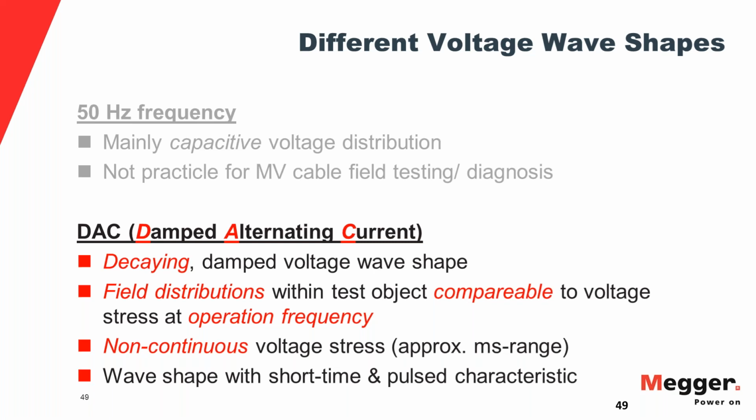It's non-continuous, therefore minimally intrusive, and typically non-destructive. You charge the cable, you close a switch, the inductor in the test set resonates with the capacitance, but then you keep the switch closed so it dampens out based on the losses of the system.